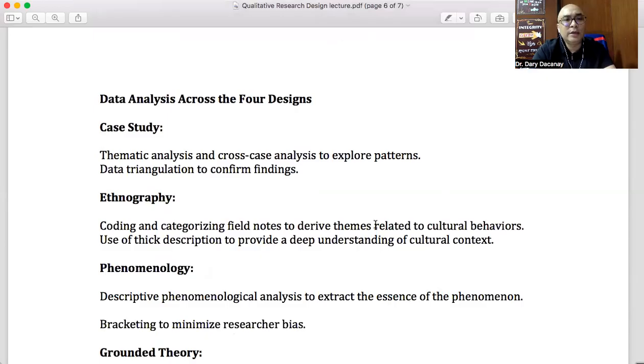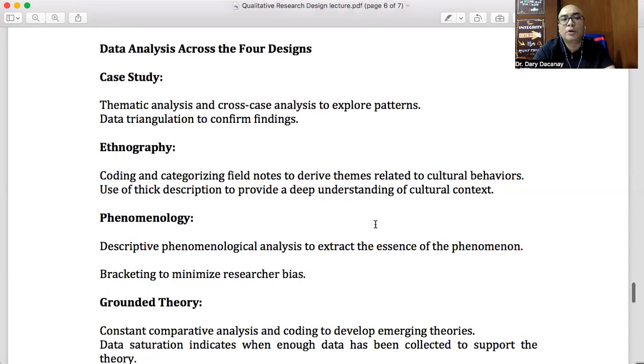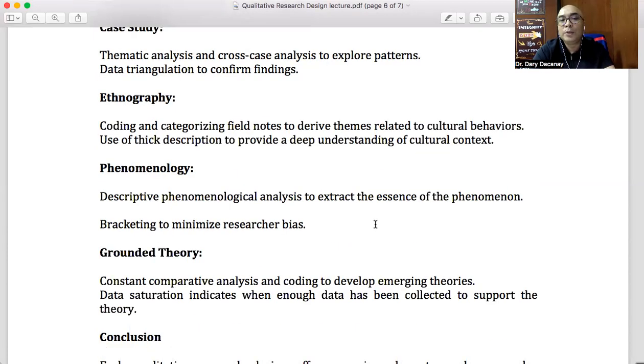I think in terms of data analysis across the four designs, this was mentioned earlier: case study, thematic analysis, data triangulation. Ethnography, you do coding, categorizing, and the thick description. Phenomenology, you do descriptive phenomenological analysis and bracketing. And the grounded theory, you do comparative analysis and coding.